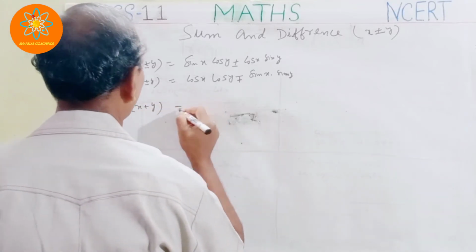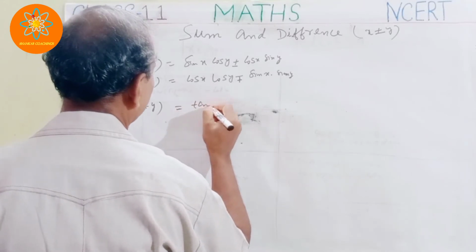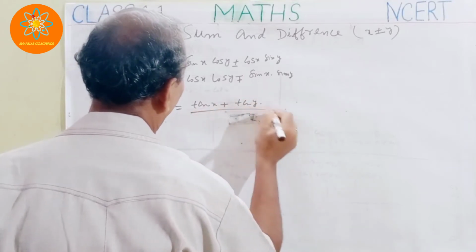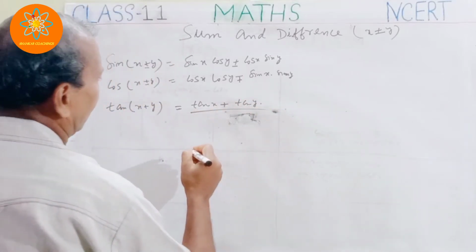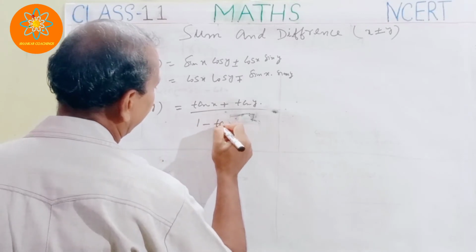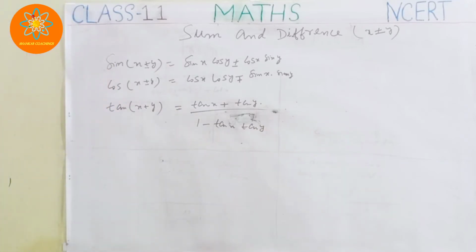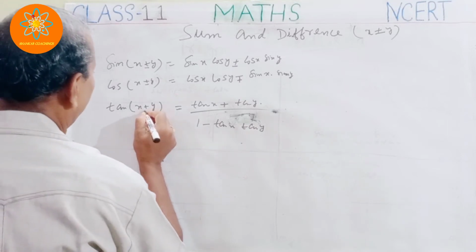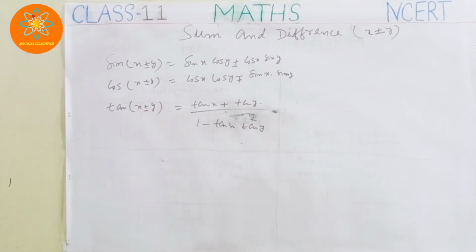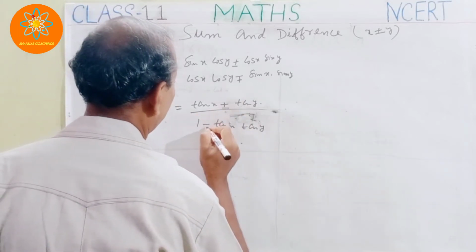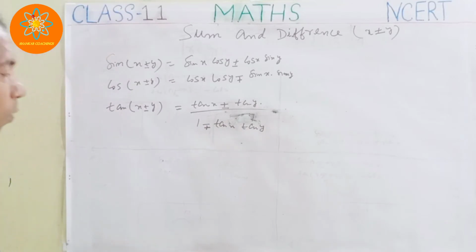This is equal to (tan x plus tan y) divided by (1 minus tan x tan y). If I put the sign minus, it is (tan x minus tan y) divided by (1 plus tan x tan y).